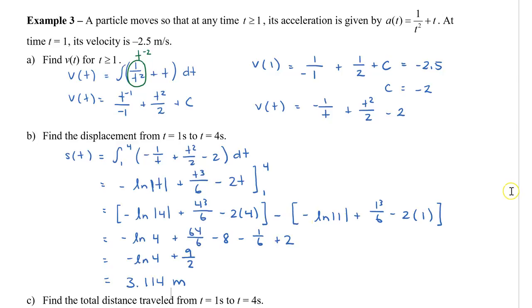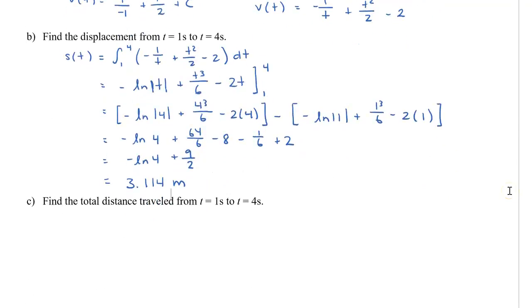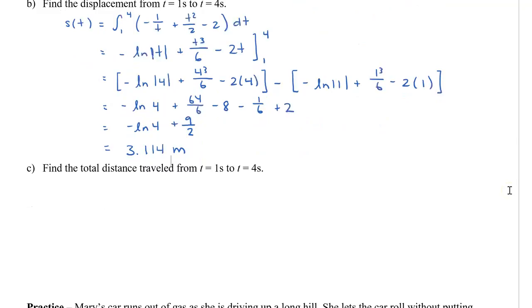So let me show you the difference with the total distance. In order for us to find the total distance, we need to set our velocity equal to 0 so that we know when the particle is going to be stopped, and then when it's moving left and when it's moving right. So we're going to set our velocity equal to 0, and then we're going to solve for t.